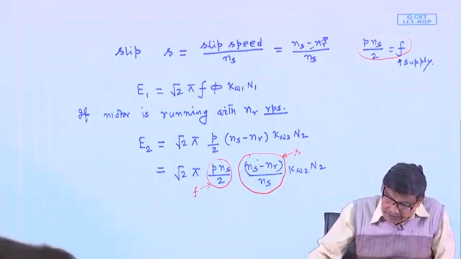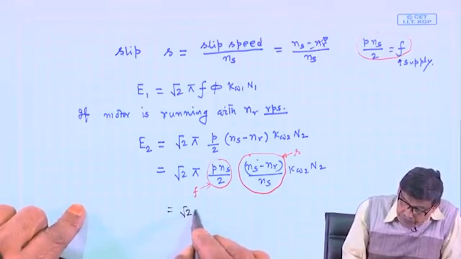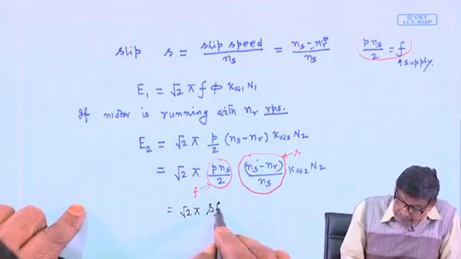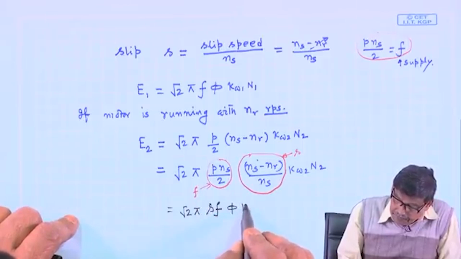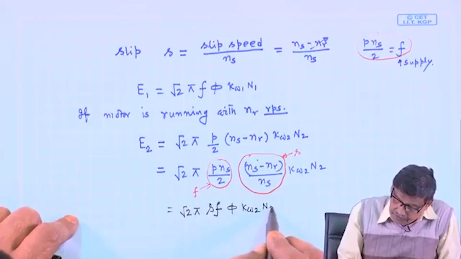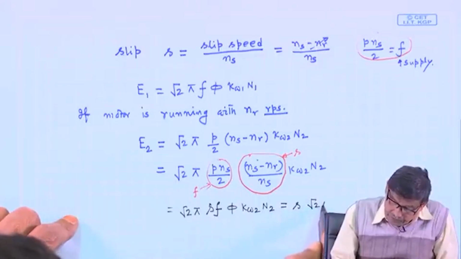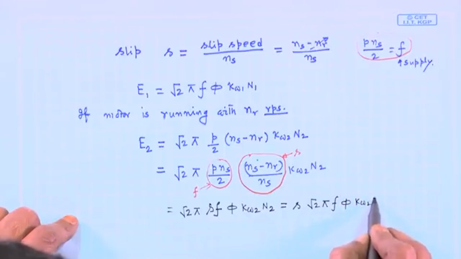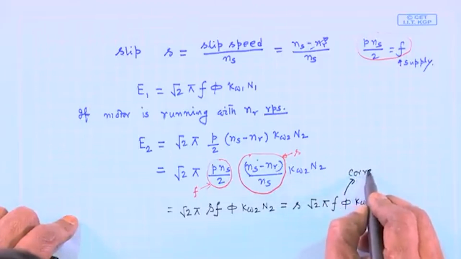So, this expression then becomes equal to root 2 pi S f phi kw2 into N2, or people write it like this: S root 2 pi f phi kw2 N2, and phi, do not forget, corresponds to B net.